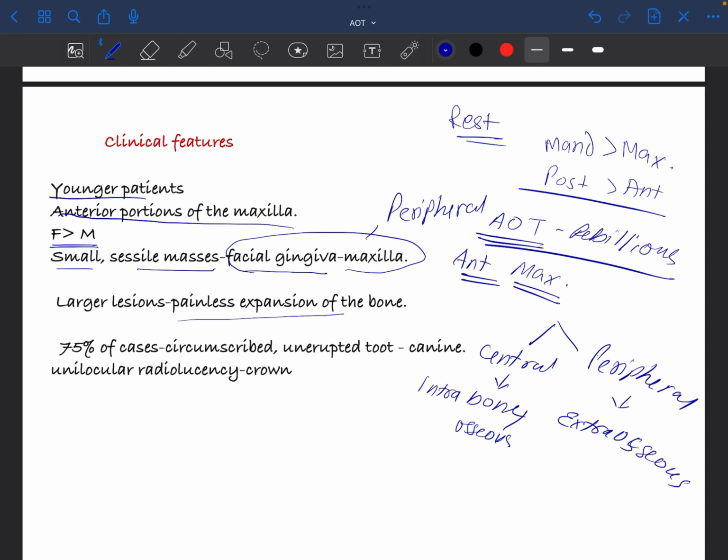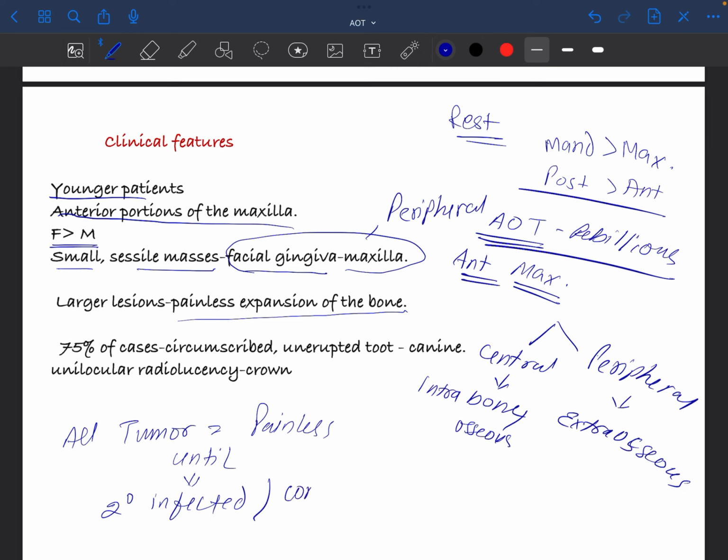Larger lesions cause painless expansion of the bone. This is the same for every tumor. All tumors are painless until secondarily infected, or compressing normal structures. Tumors do not hurt. That's why they are at a very advanced stage when they are diagnosed.